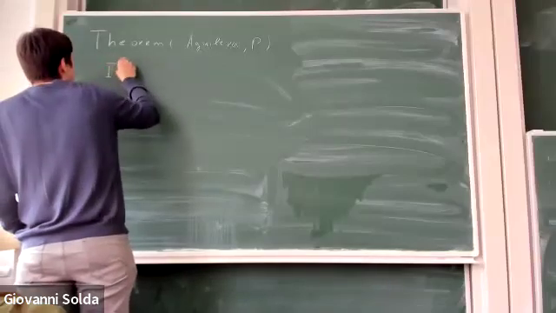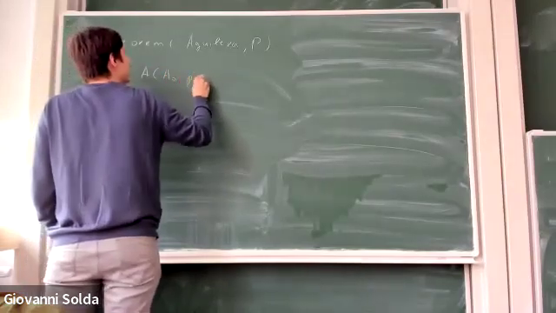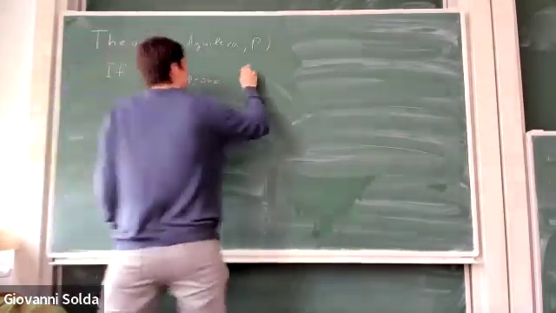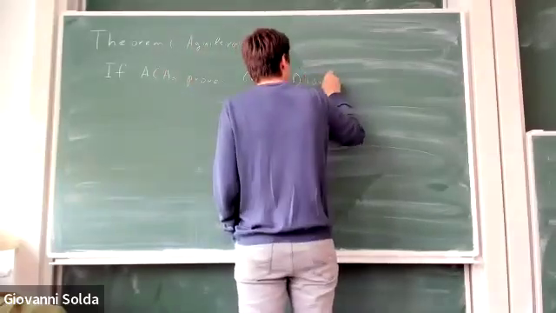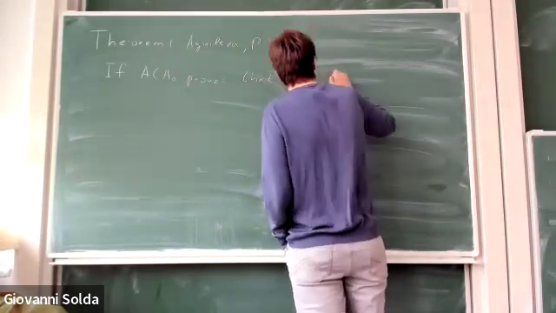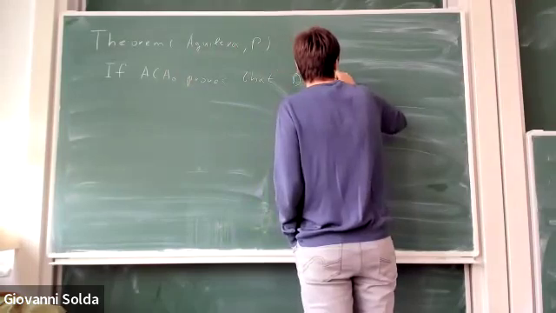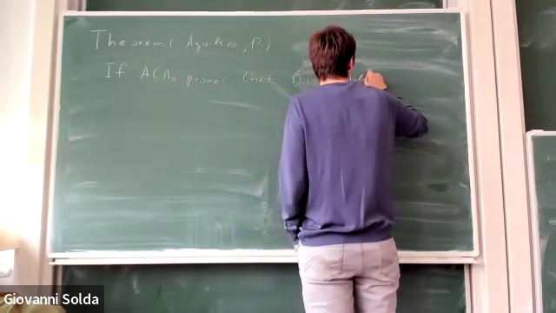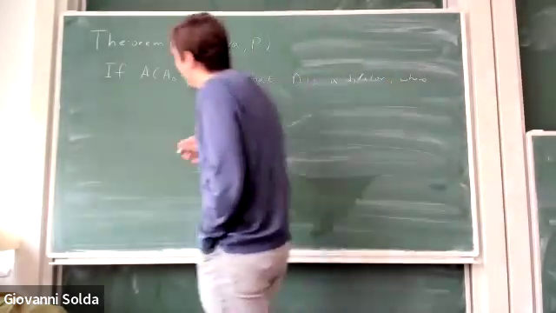So in AC0 proofs that is delayed, where D is a recursive pair.